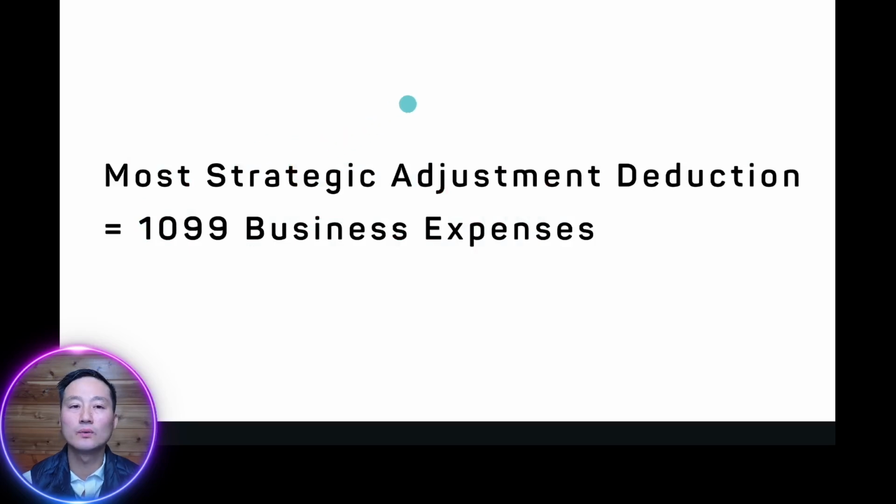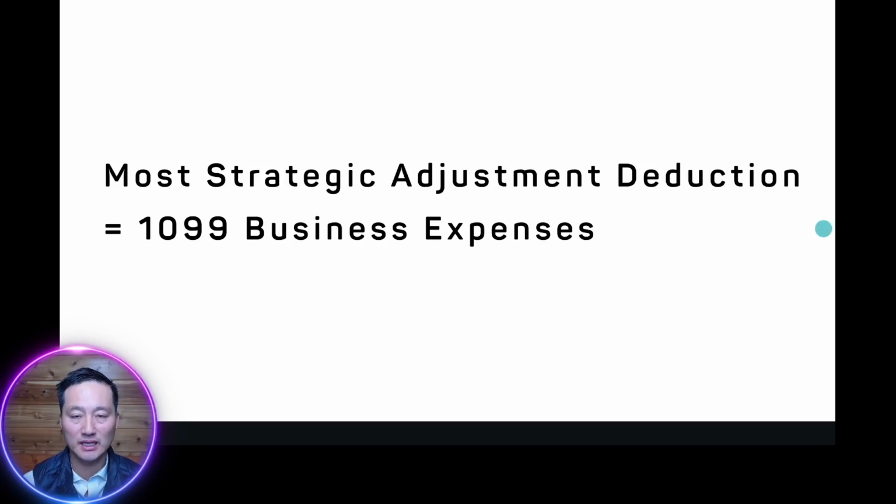Let's talk about one of the most strategic adjustment deductions that you can use, especially if you're moonlighting or thinking about moonlighting. Your moonlighting-related expenses can qualify as an adjustment deduction, aka above the line deduction.